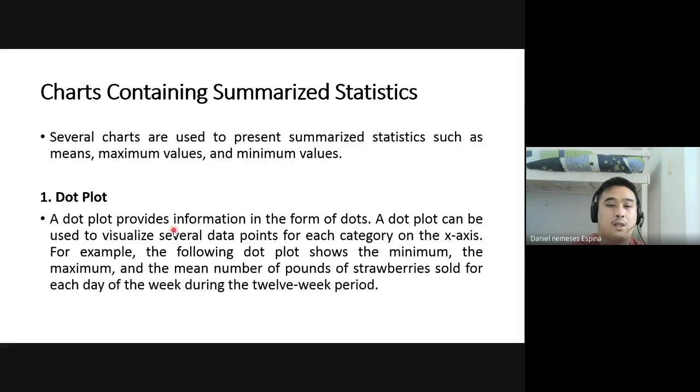So a dot plot can be used to visualize several data points for each category on the x-axis. So for example, the following dot plot shows the minimum quantity sold on that week, the maximum sales, and the mean or the average sales for each day of the week during the 12-week period.